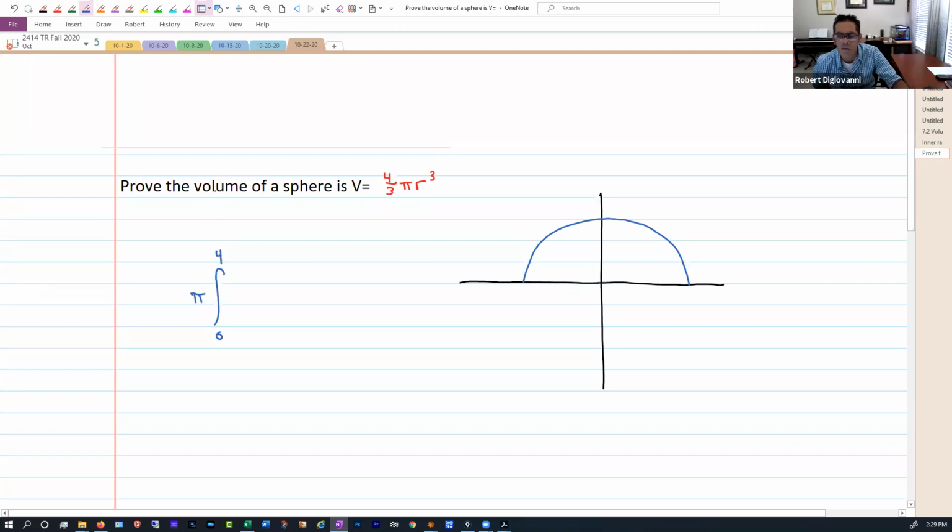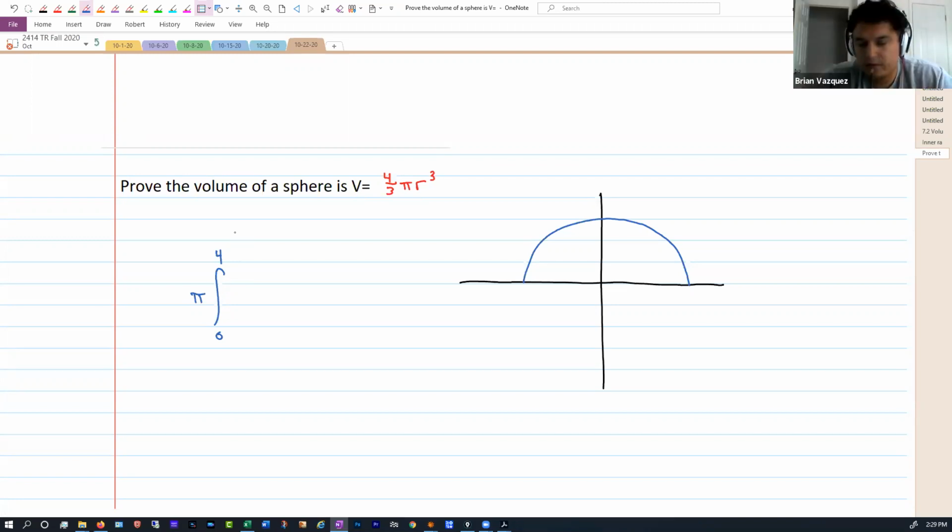Why did you do 0 to 4? I guess you could do it from any interval to find any size of a circle, right? So you did it for a fixed radius. Yeah, very specific. And what did you get as your answer? 64 pi squared over 3.